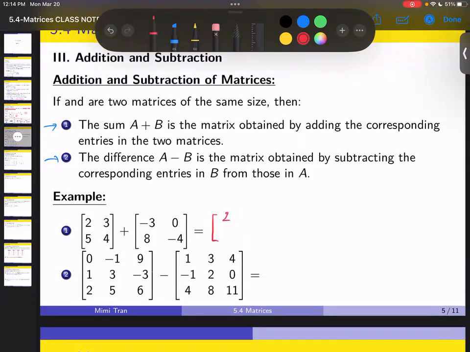So 2 plus -3, and then 3 plus 0, 5 plus 8, and 4 plus -4. That will be -1, 3, 13, 0.